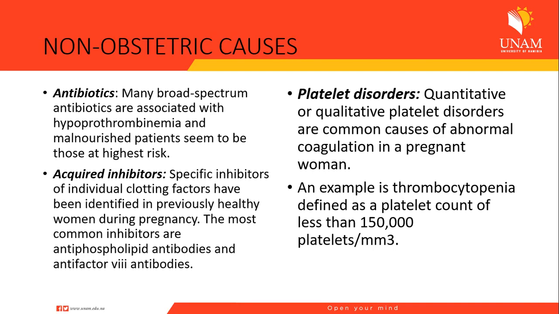Acquired inhibitors such as protein C and protein S, and the most common are actually the antiphospholipid antibodies and the factor 8 antibodies. These are acquired inhibitors that can predispose to coagulopathy. Other ones are the platelet disorders, which can be either quantitative or qualitative. An example is thrombocytopenia, which is defined as a platelet count of less than 150,000 platelet cells per microliter.